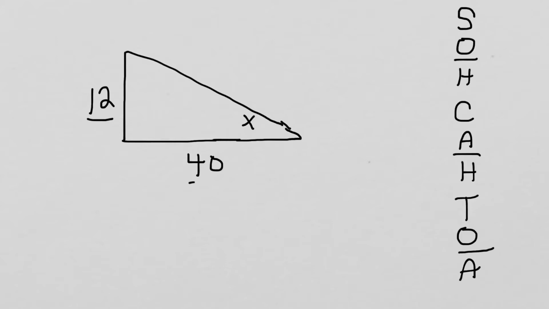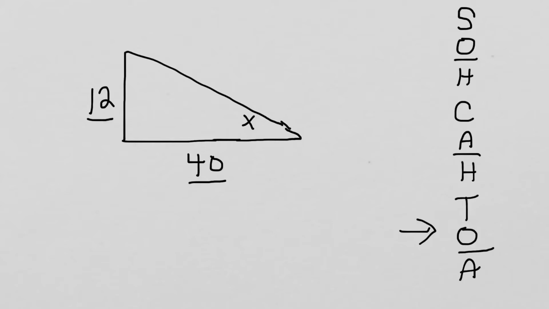This 40 is going to be adjacent because it touches the angle and it's not the hypotenuse. So we're going to be using opposite and adjacent, which is tangent, opposite over adjacent. I'm going to set this up.